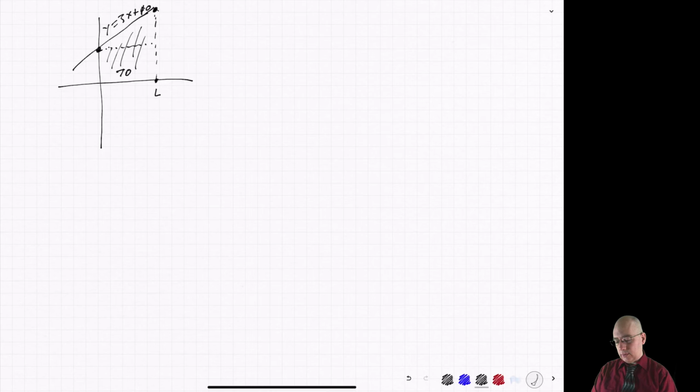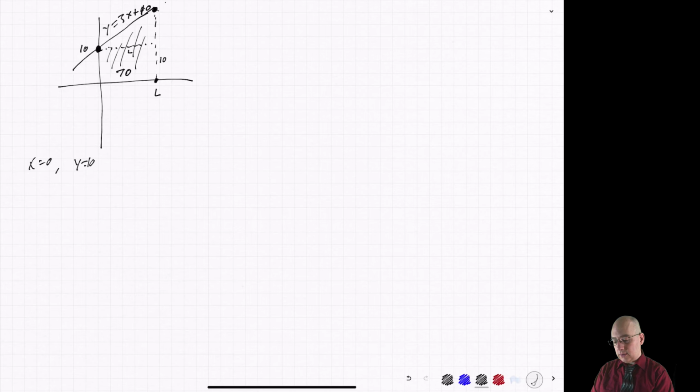Now, what do we know already? Well, at x equals 0, that line is 10. Plug in 0 for x, you get that. That 10 is the y-intercept. It's got slope 3, we don't really care, it's just a number there. I've already called the length here L, so this is L, this is 10.